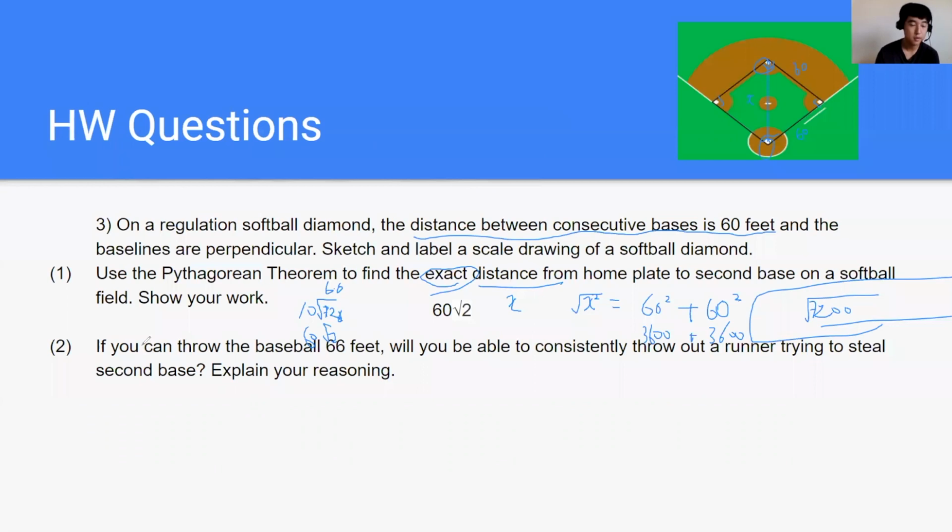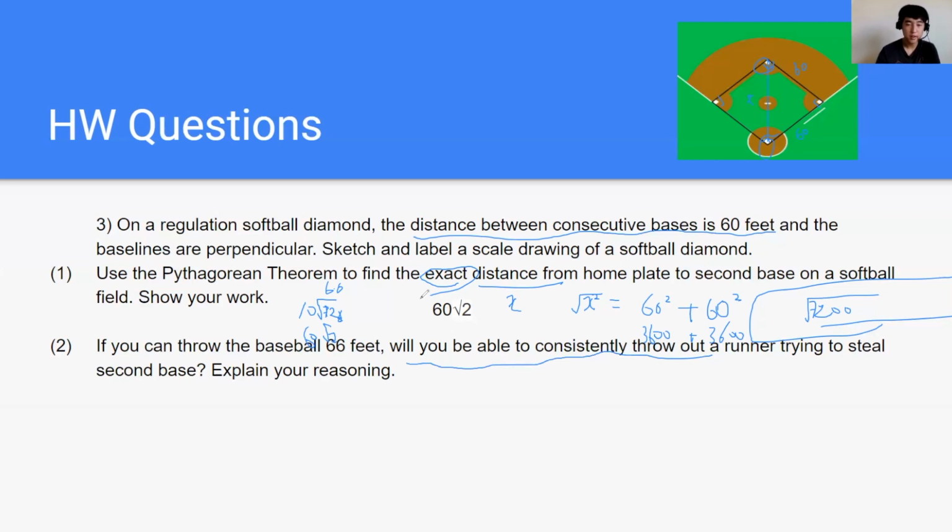Okay, number 2. If you can throw the baseball 66 feet, will you be able to consistently throw out the runner trying to steal second base? Explain your reasoning. Okay, so the thing is, we have to throw it from the home plate to second base.